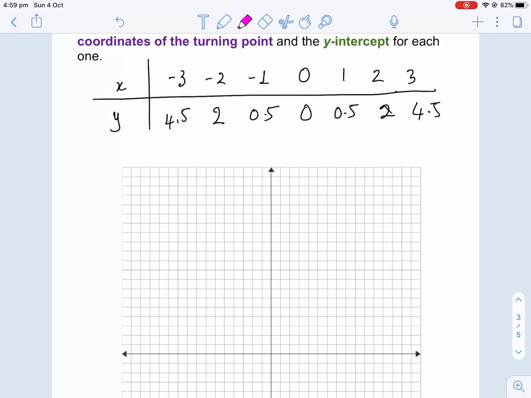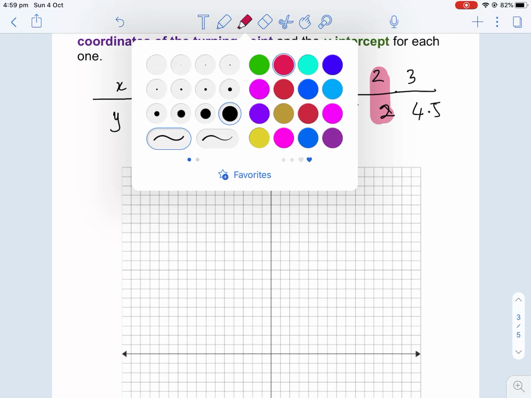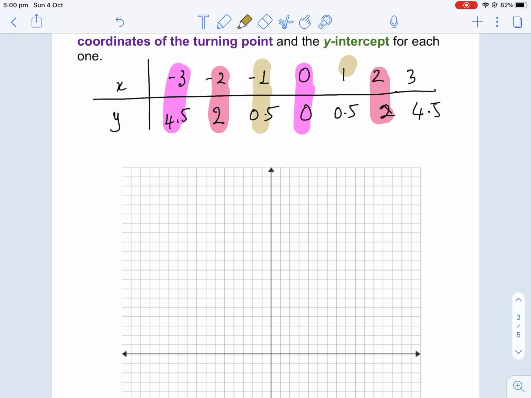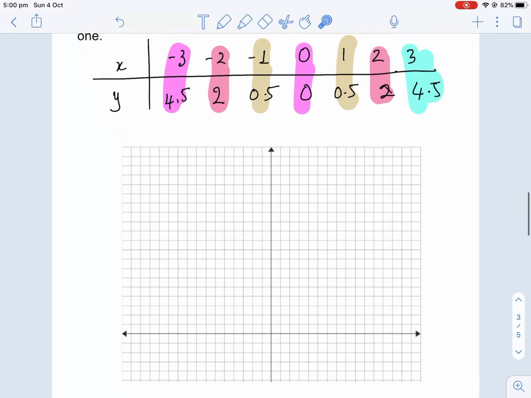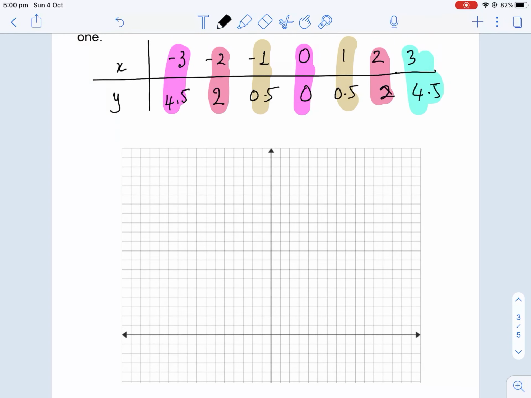I'll make the points in different colors. I'm going to plot the points in the Cartesian plane and see what the shape of the parabola is. The first one is 0, 0.